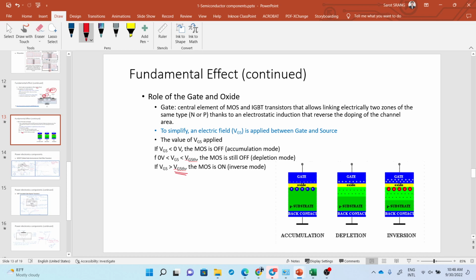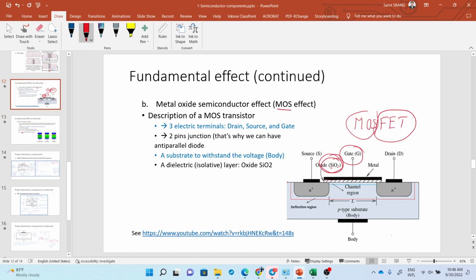This is just a part of the gate. I should remind you, this one is P type. P type means it has more holes. N type has more free electrons.